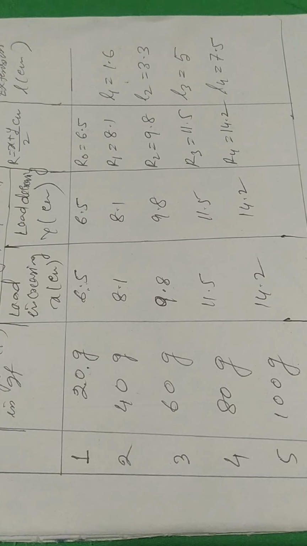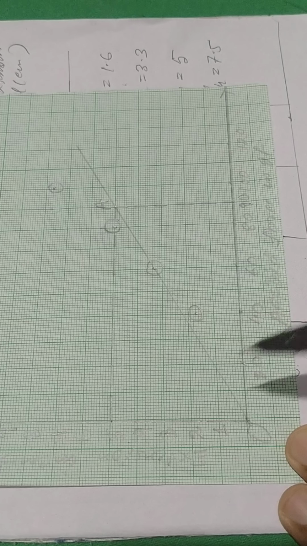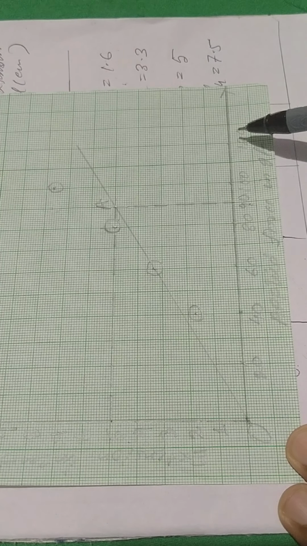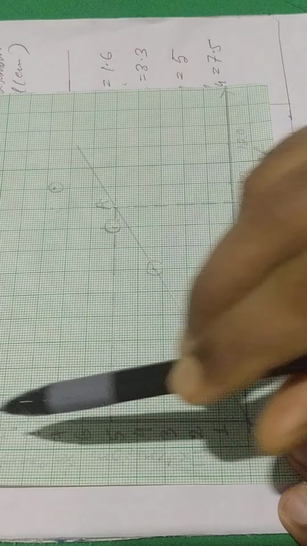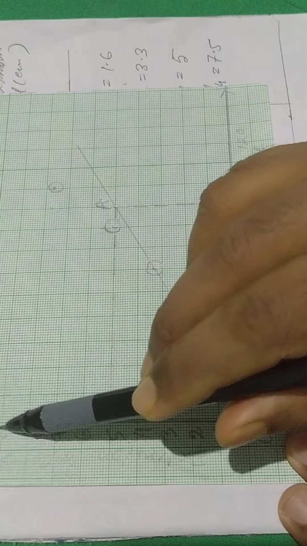The graph will be load versus extension. If you plot the graph, it will be like this one. Load 20, 40, 60, 80, 100, 120 on the x-axis, and extension on the y-axis: 1, 2, 3, 4, 5 up to 9.